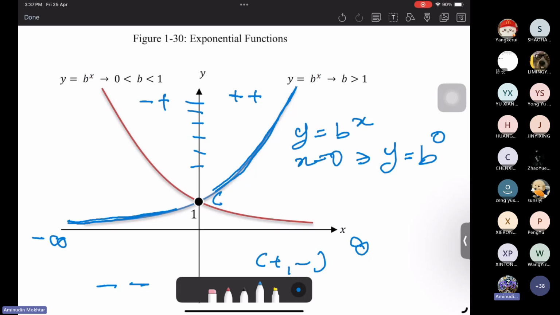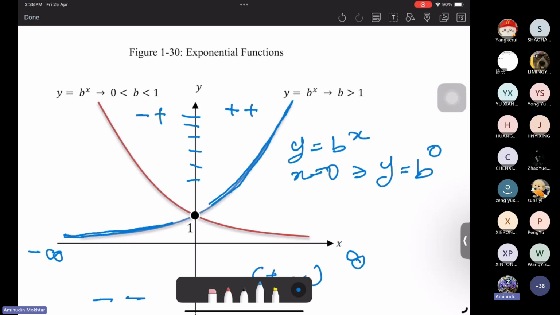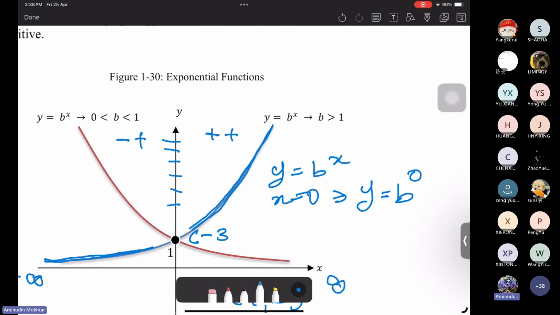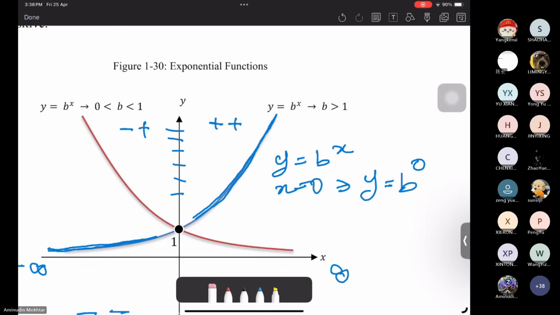In this case, for any value of x and y, at this point, x equal to 0, y equal to 1. This (0, 1) coordinate point is very important because that point shows where the exponential function intersects the y-axis.